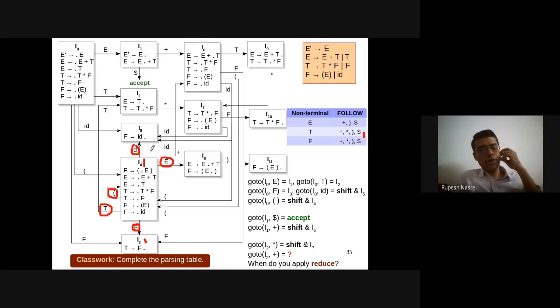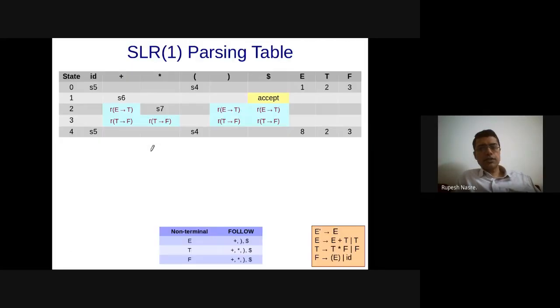So that seems to be the shift entries corresponding to state I4, and I don't see any reduction here. Right? Anybody sees any reduction here in state I4? Okay, let's check that. So that seems to be fine, right? So shift with 5 and 4 states, and then transitions on E, T, F to 8, 2, 3, right?